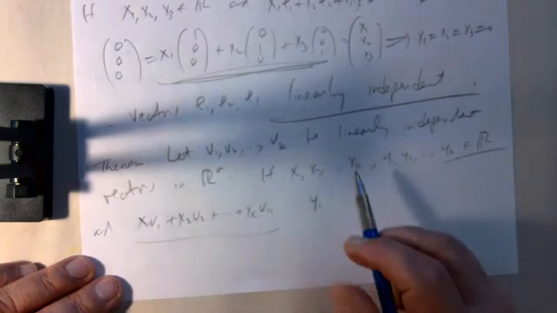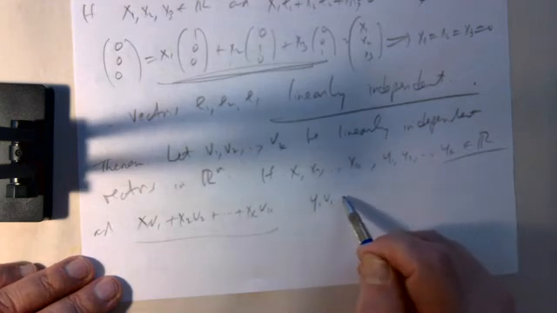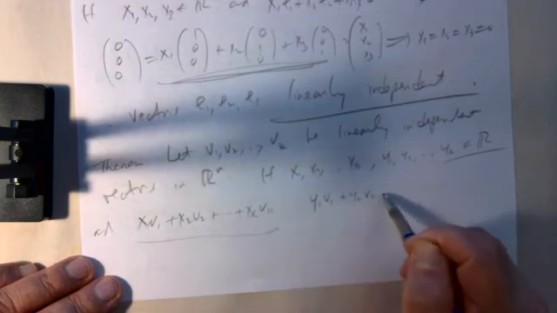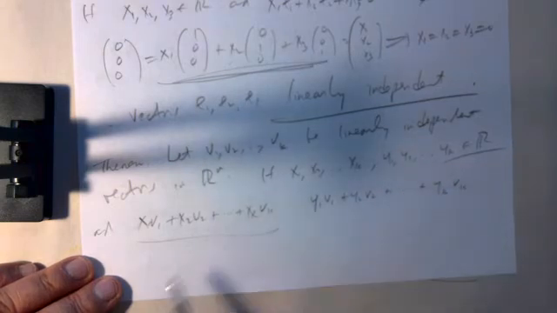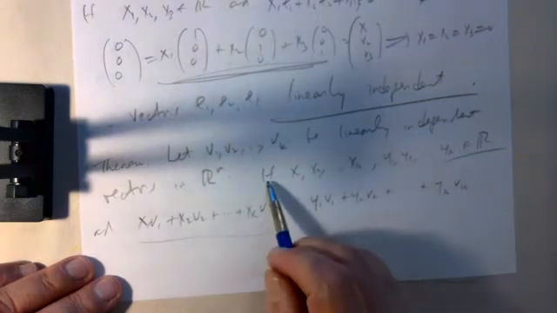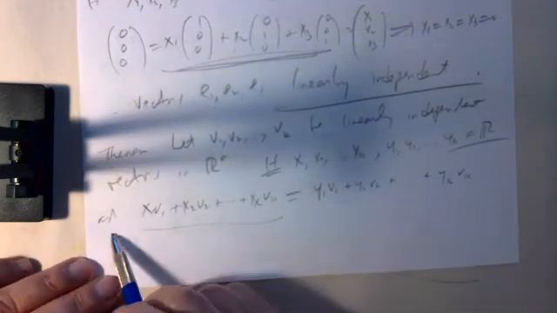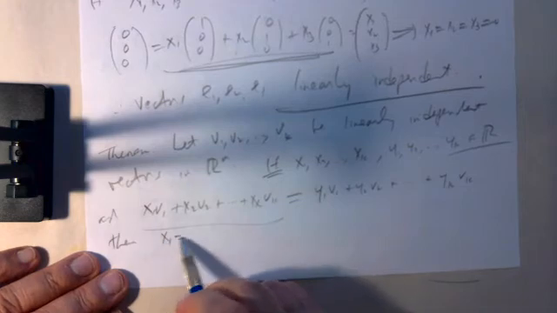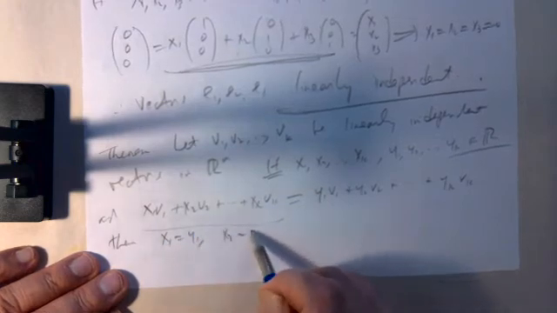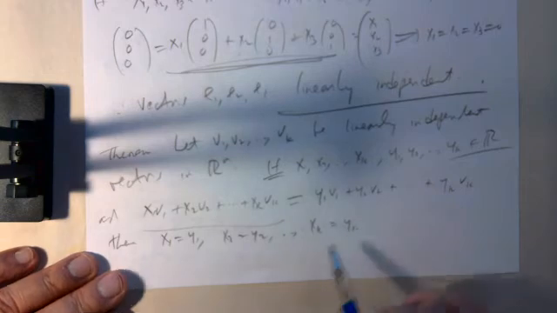And I can take another linear combination using the y scalars, y1 v1 plus y2 v2 up to y sub k v sub k. If these linear combinations are equal, then in fact the scalars have to be the same. x1 equals y1, x2 equals y2, up to xk equals y sub k.